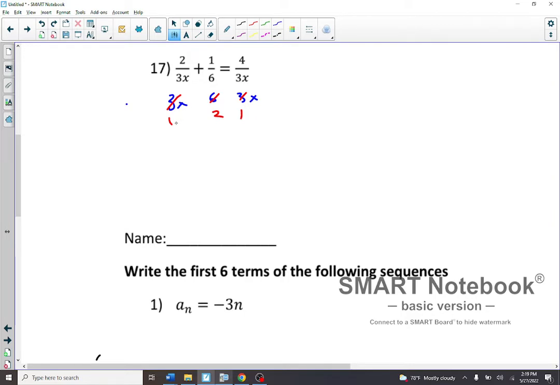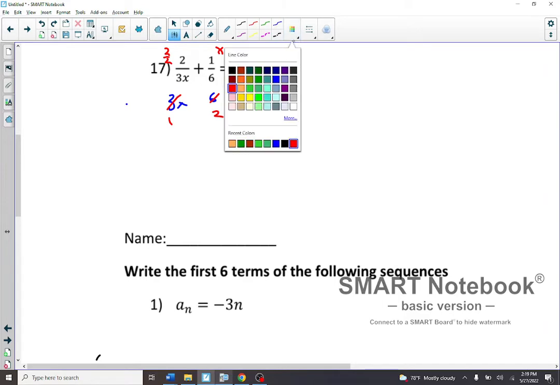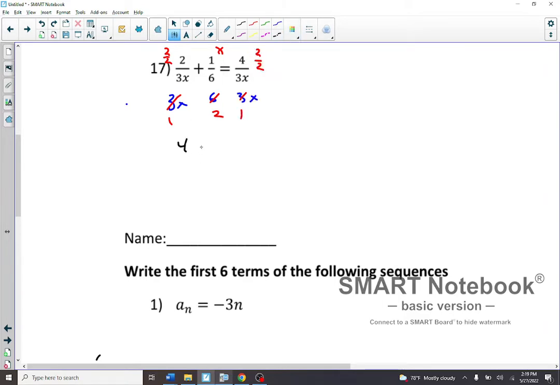So this guy is missing a 2, so he needs a 2 over 2. This guy's missing an x. This guy's missing a 2, so it's going to be a 2 over 2. So 2 times 2 is 4. 1 times x is x, so plus x over 6x equals 2 times 4 is 8 over 6x.